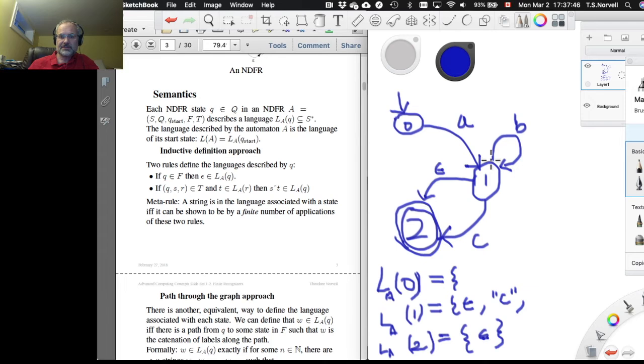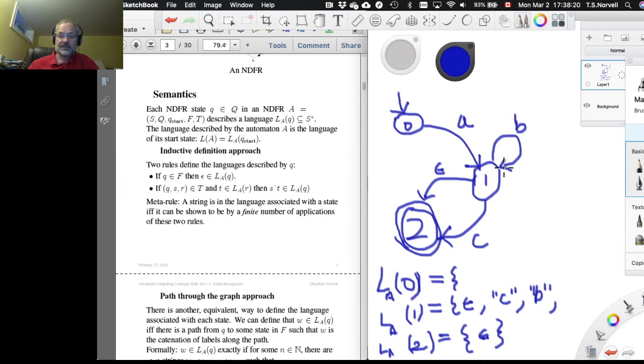There's also this transition that comes out of state 1. It also goes into state 1. And using that together with what we already know about state 1, I can add some more strings. So I could take B from the transition and catenate with epsilon that I already know is in state 1. And then I know that B is in the language of state 1.